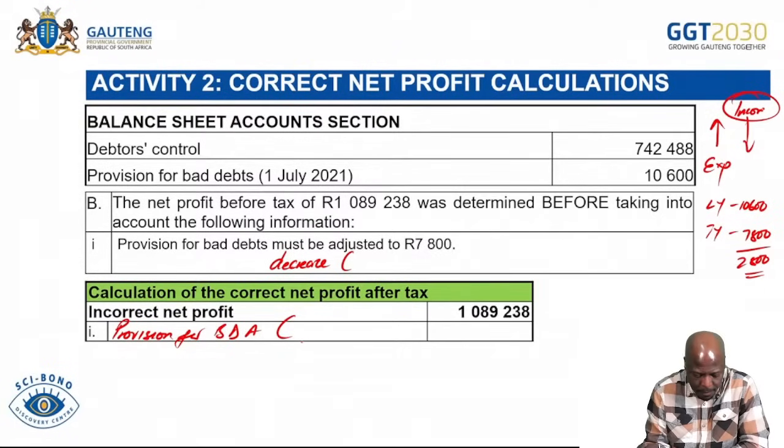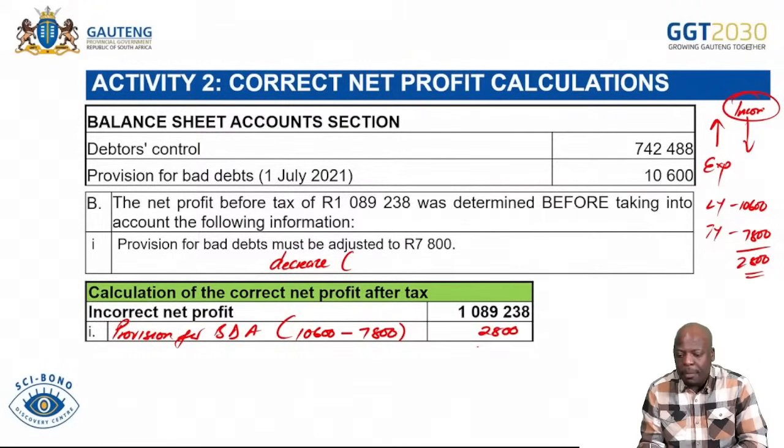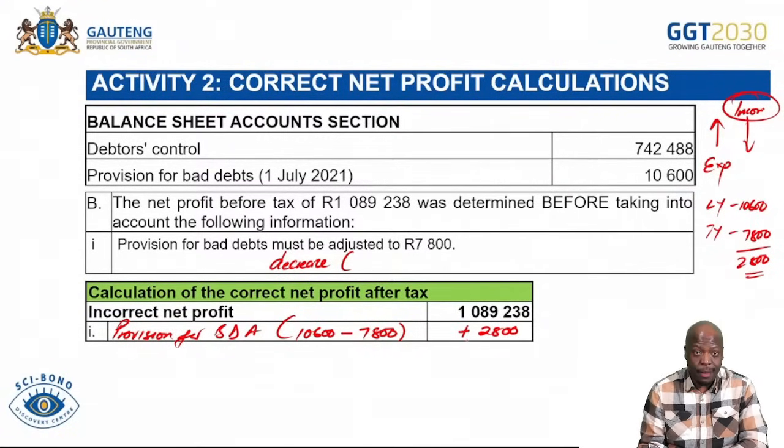So we are now saying it is your 10,600 minus your 7,800, and it's going to give you 2,800. Now, this is income that was not recorded. That means when I come here, I'm adding this income. So you see, I've put a plus there.